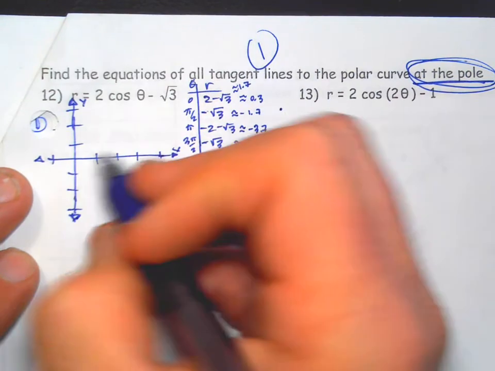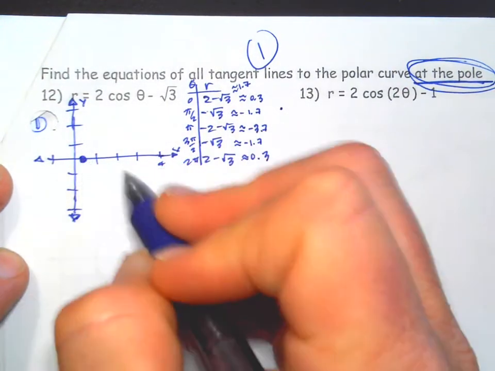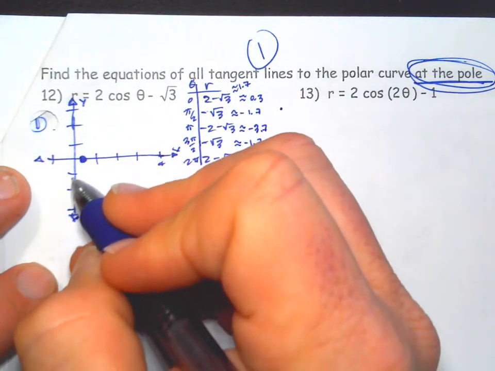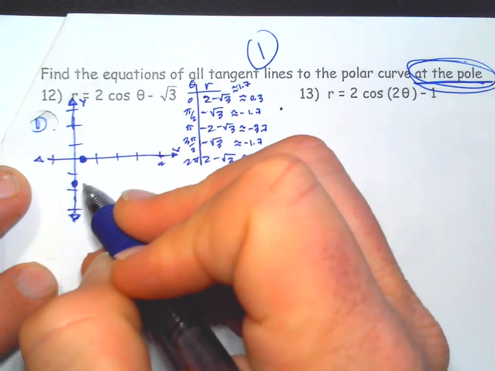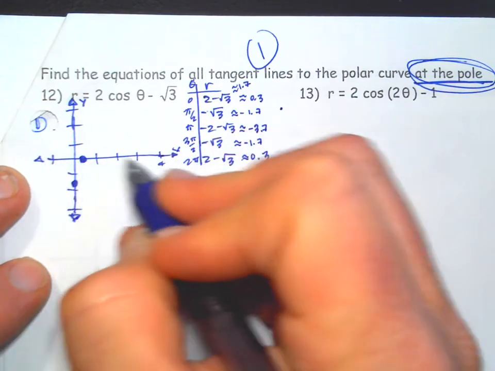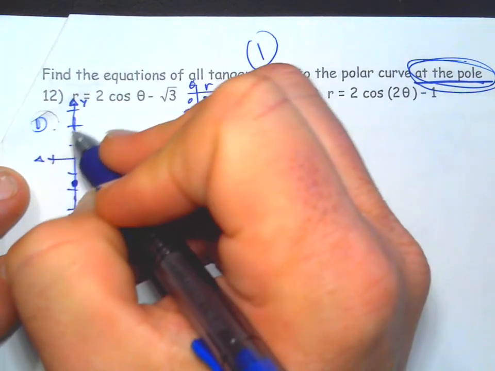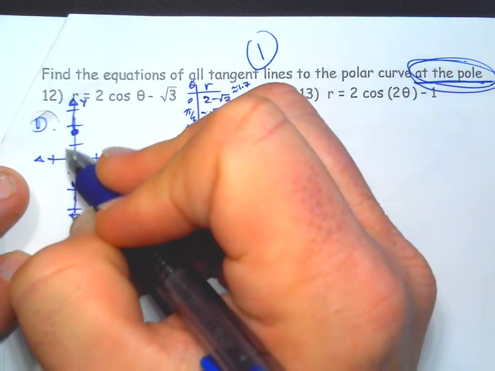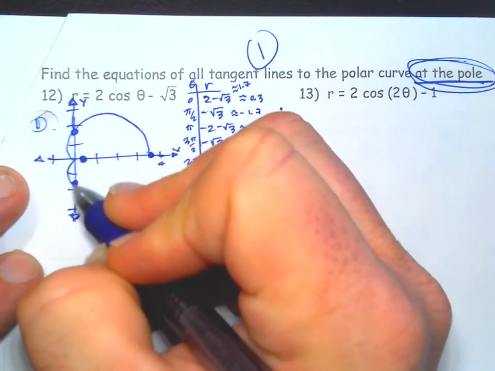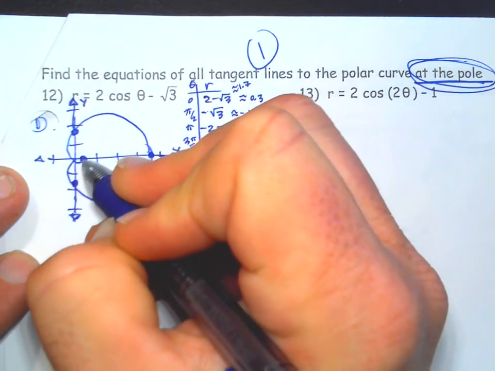The first point's right here, and then pi over 2 is going to be down here, negative 1.7, and then pi is going to be negative 3.7, so it ends up in here backwards, and 3 pi over 2 going backwards up here. So you're getting the limacon with a little tiny inner loop.